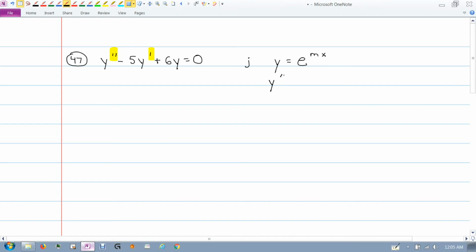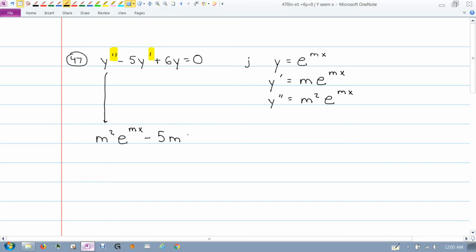So the first derivative of this, we're assuming m is a constant here, is m e to the mx. And the second derivative is going to be another m pops out, so m squared e to the mx. And now let's plug in. We've got m squared e to the mx minus 5 times y prime, which is m e to the mx, plus 6 times y, which is e to the mx, and that must be equal to 0.